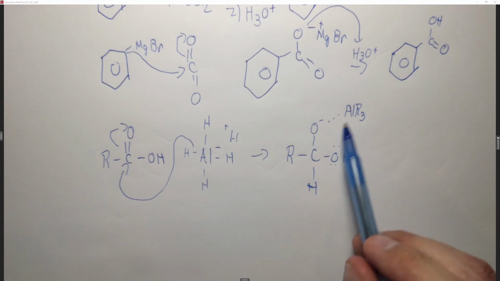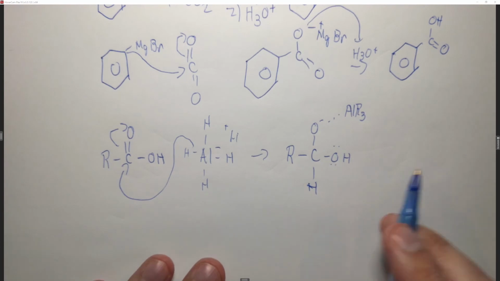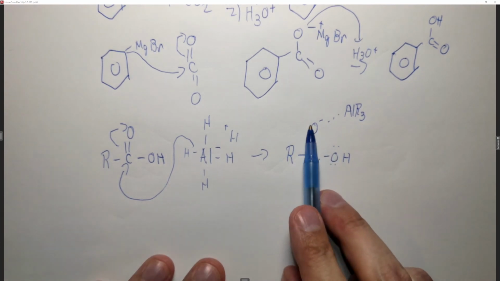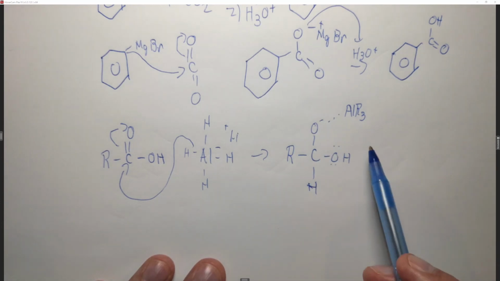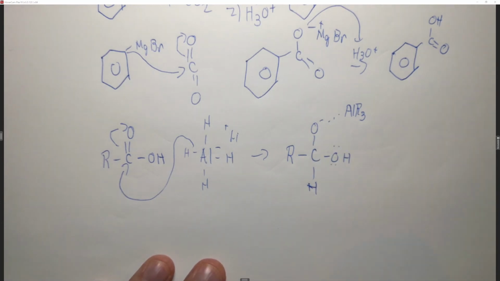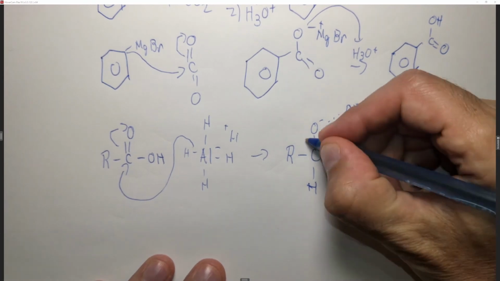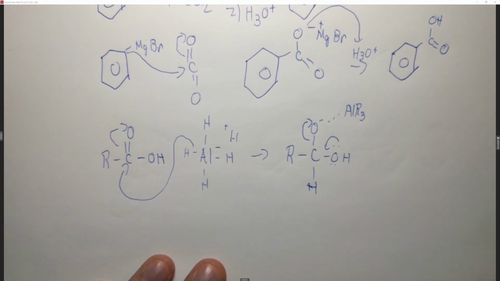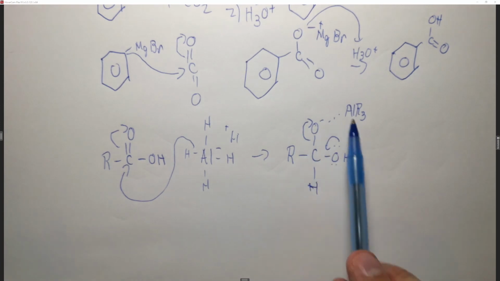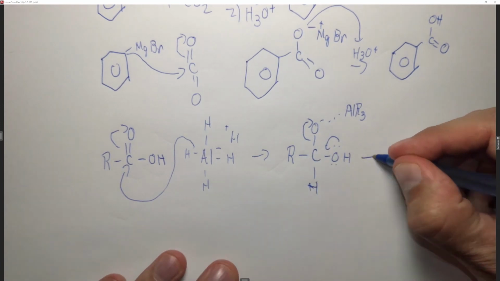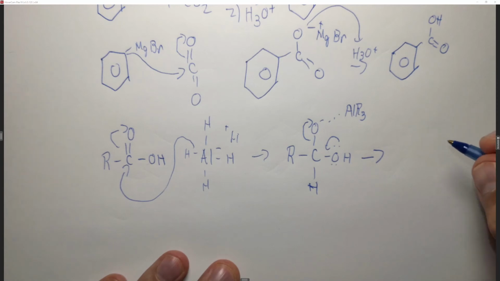And because we have this stabilization of the aluminum, we could go through and protonate this a few times and turn it into water, and then water is a good leaving group, and then it could come off. Or we're going to say that we have some kind of stabilization with the aluminum. So this comes in and kicks this out. Does the H come first? Does it get kicked out first? My guess is this H comes in and then this gets kicked out. But again, it's not super important for how it's going.